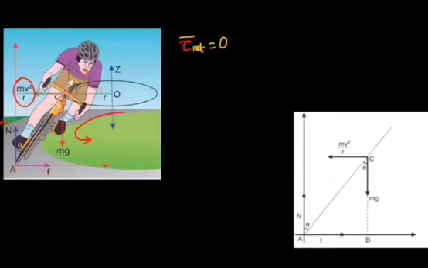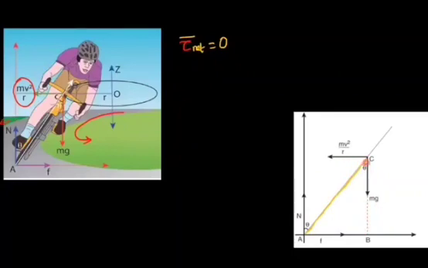The cycle is acting as a radial vector. The centrifugal force, mv square by r, is moving the radial vector in this direction, and mg is pulling the radial vector in the downward direction, but both the forces are different.